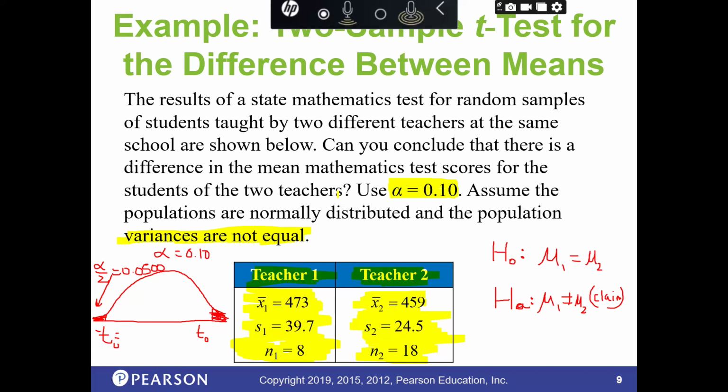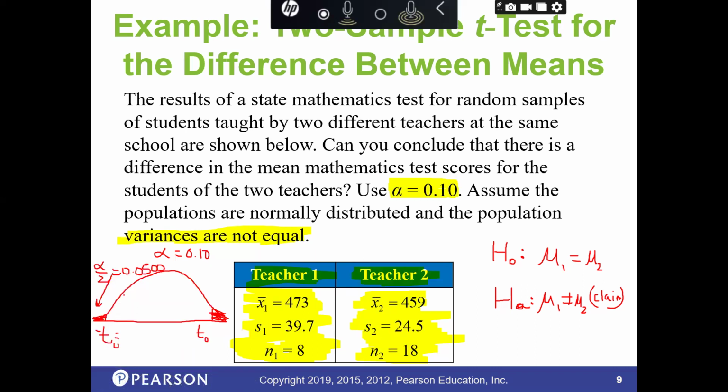So on your notes, if the variances are the same, what's your degrees of freedom? What's your DF? Oh, whichever the smaller one is. Okay, perfect. Yeah, smaller of N1 minus 1 and N2 minus 1. So your DF is 7. Are we good with 7?